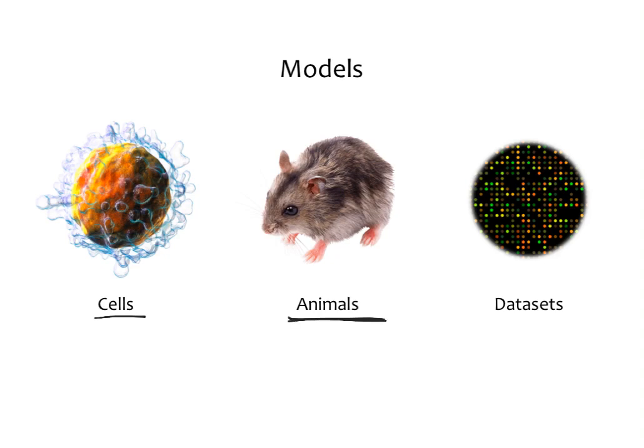This is supposed to be the model that's closer to humans that we usually use to test once we have something that we think might work. And then finally, I want to go over a few of the data sets that are available for GBM. There has been a lot of amazing research into glioblastoma, and there are a lot of interesting online resources that summarize patient information, patient data, and allow us to see how different genes are working in these large data sets.